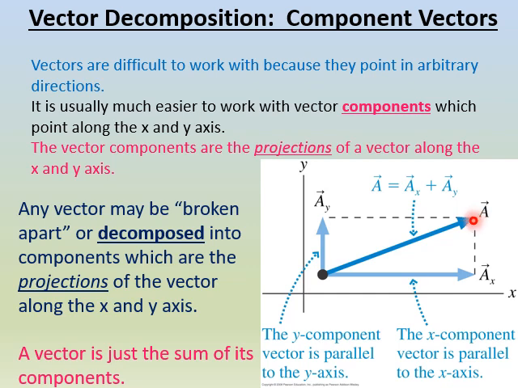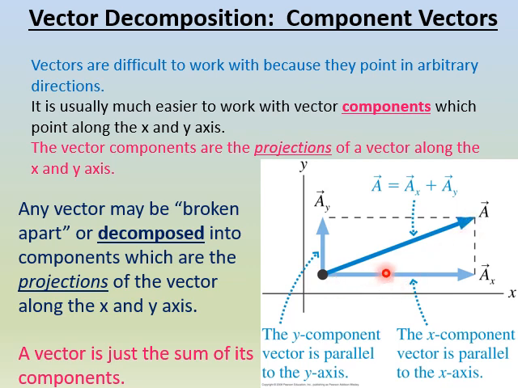Now, if we think of A, we can basically think of what is the height of A and what is the span of A along the x direction. So let's talk about this first. The x component vector is parallel to the x-axis, and it's as long as A is horizontally.